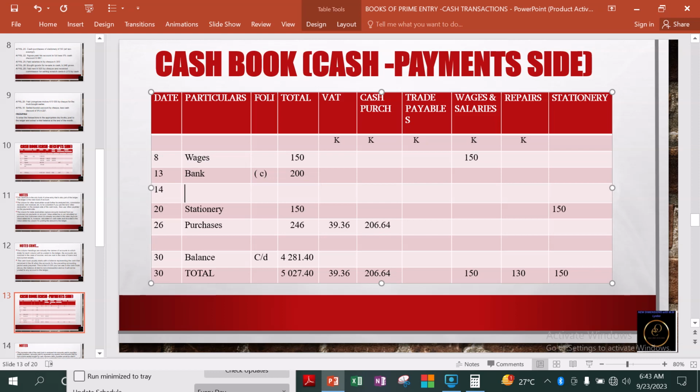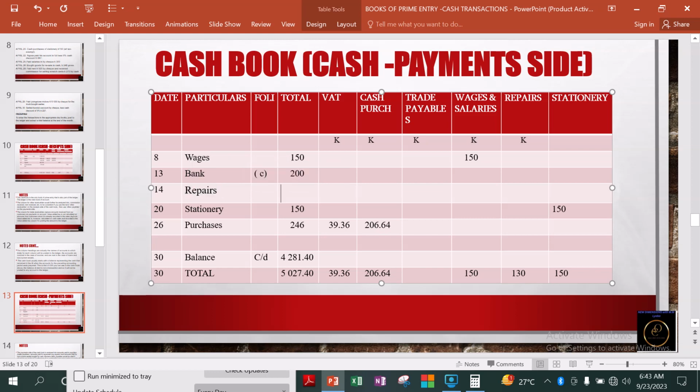And we are paying for repairs. We indicate this is for repairs. Since it is cash that is giving out, we indicate that it is cash giving out. And how much is being given out?